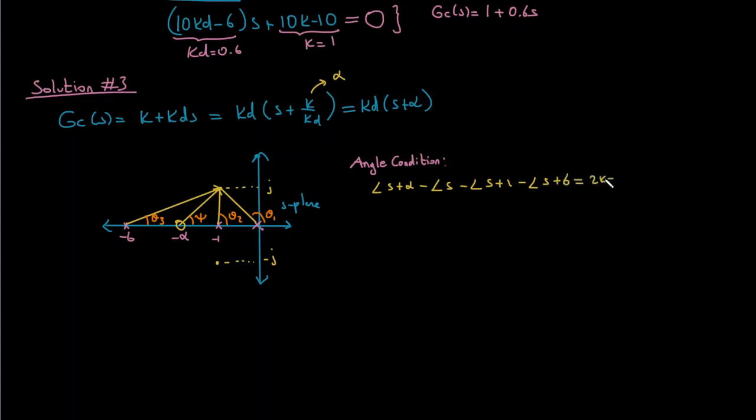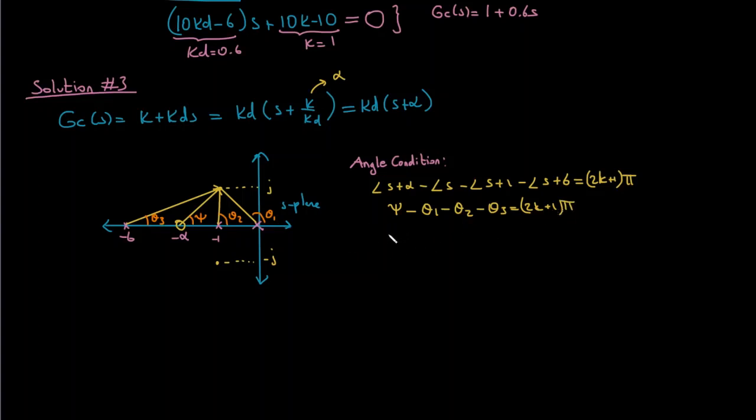So it is 2k plus 1 times pi. So I will call the angle of S plus alpha psi. The angle of S minus 0, this S vector over here, is theta 1, minus the angle of S plus 1 is theta 2, and theta 3 is equal to 2k plus 1 times pi.